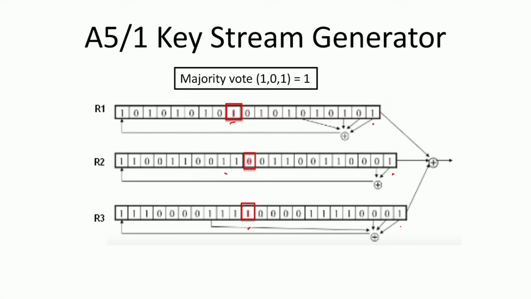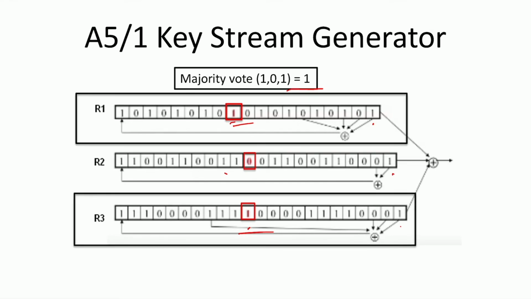So basically register 1 and register 3 are going to be active because their clocking bit value is equal to the majority vote value. Then the next step is to perform the XOR functions of these active registers, right?